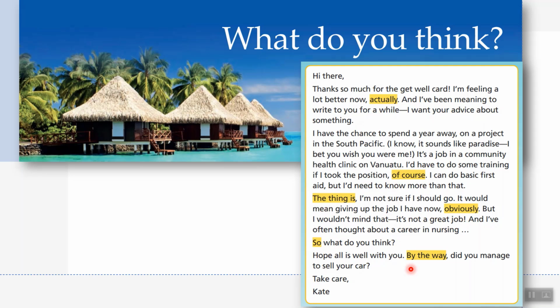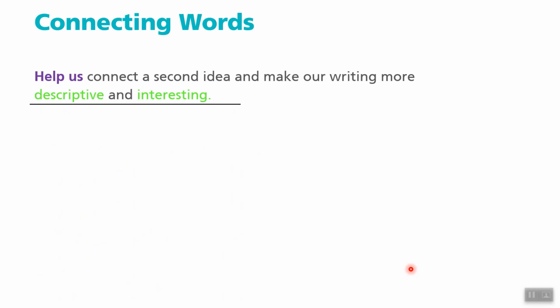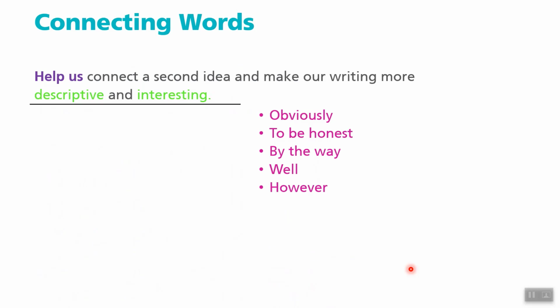So let's see some other examples. These connecting words, as I mentioned before, help us connect a second idea and make writing more descriptive and also interesting. For example, in the text, you could see expressions like obviously, to be honest, by the way. Other expressions could be well, however.